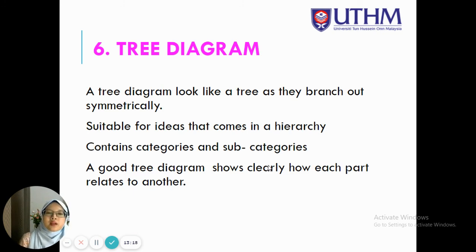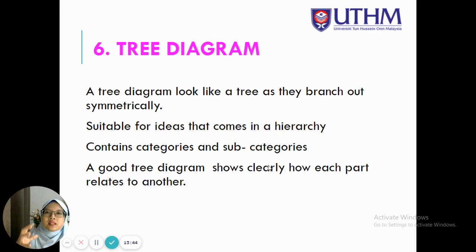Okay, next one, tree diagram. A tree diagram looks like a tree as it branches out symmetrically. It should be symmetrical. It is unlike a mind map, where you can creatively branch out anywhere as long as it is well organized. But for a tree diagram, it should be symmetrical. It is suitable for ideas that come in a hierarchy.